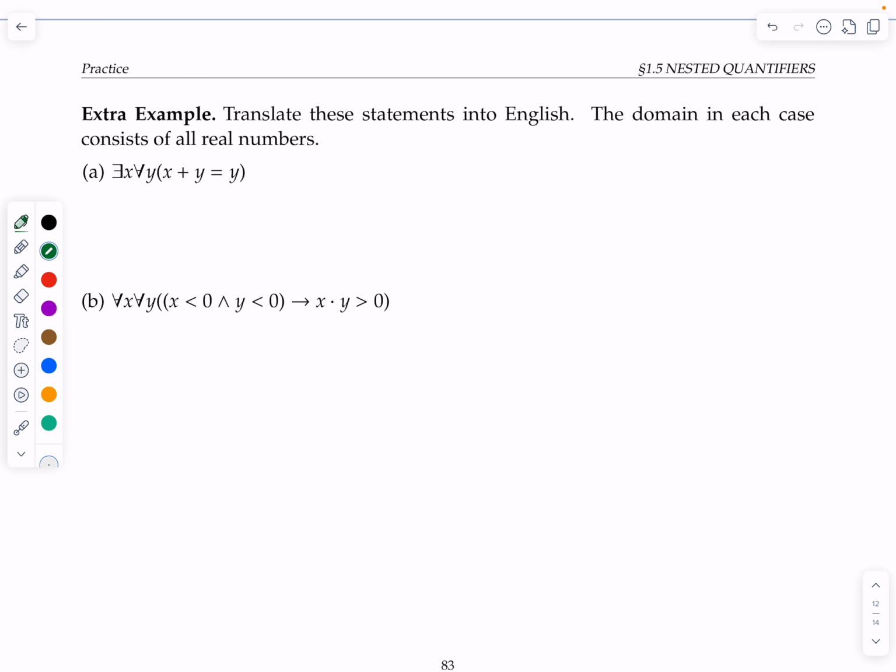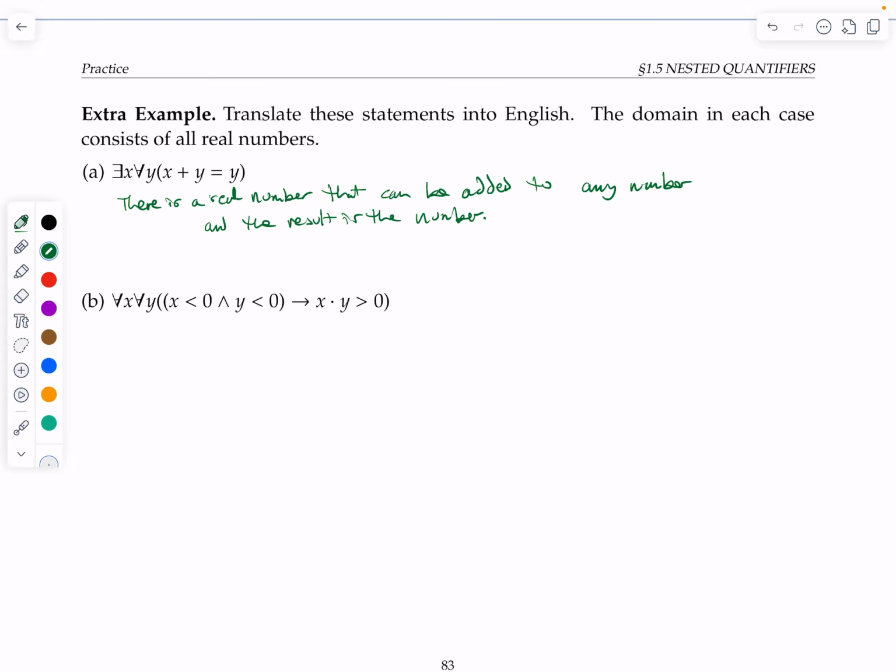Okay, let's translate into English here. There is a real number that can be added to any number, and the result is the number.